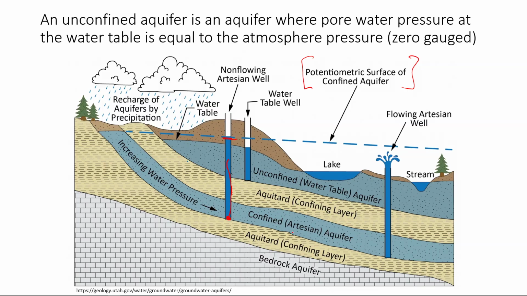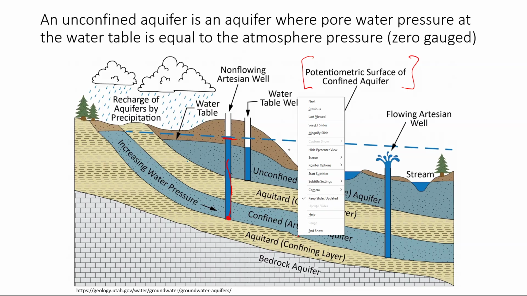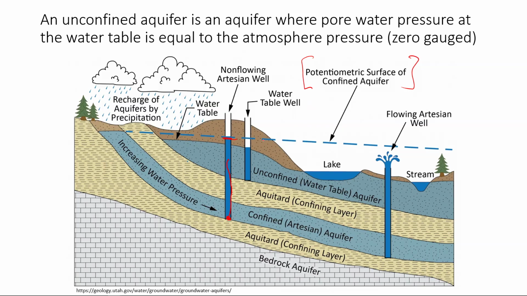If I make a hole here, water will rise up till here. If I make a hole here, water will rise up till here and go to the surface. When water goes above the land surface, we call this a flowing artesian well, or simply an artesian well.